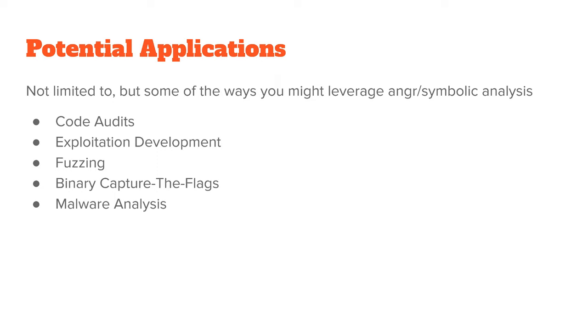So if you are given a binary and you have to retrieve a flag from it, or figure out what the input is to get the flag, this is something you could use it for, because of course, it'll traverse that CFG, provide the constraints for it, and then it'll solve for it until it generates whatever that key is to get the flag. And then another application is malware analysis.